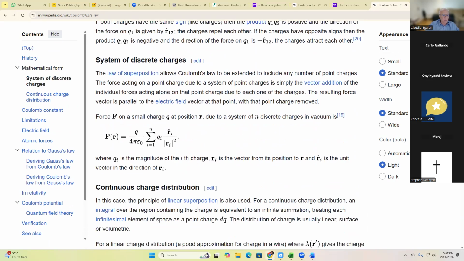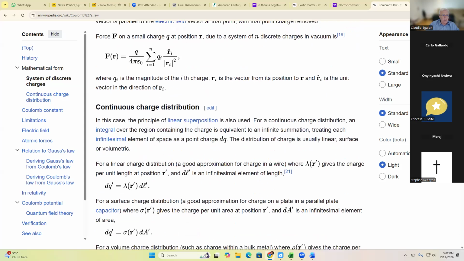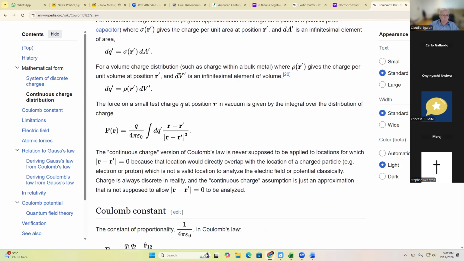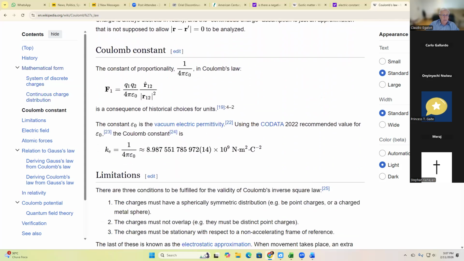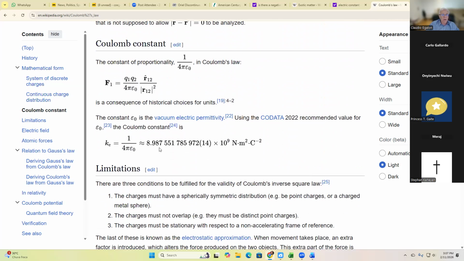They even sell experimental devices for us to find the value of the Coulomb constant. Remember that I told you the permittivity is related to the Coulomb constant. The Coulomb constant is inversely related to the vacuum permittivity.